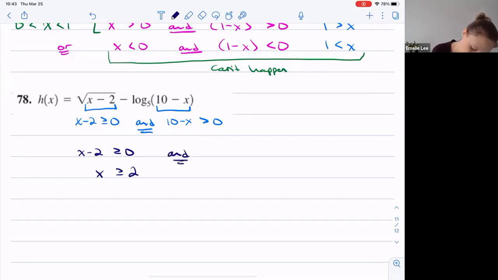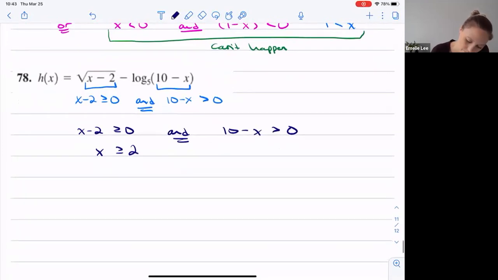And 10 minus x has to be greater than 0, so 10 must be greater than x. Kind of flipping these around, right? I've got x has to be greater than or equal to 2, but it has to be less than 10.